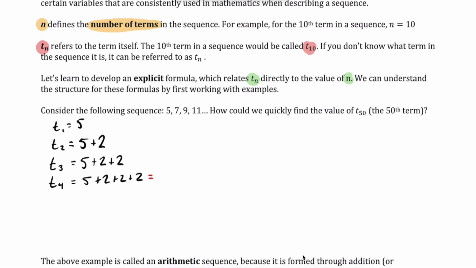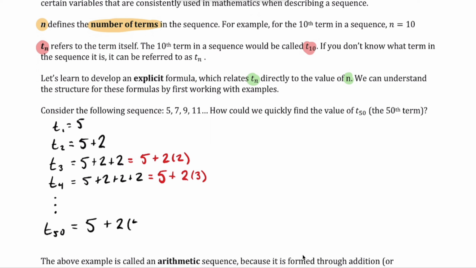So t4 is equal to 5 plus 2 times 3. t3 is equal to 5 plus 2 times 2. So 1 less than the number of terms. So we can extrapolate from here that t50 is going to be equal to 5 plus 2 times 49, which is 103.